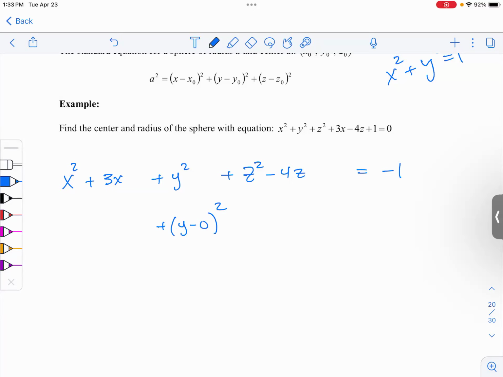So ignoring everything else that's going on, just looking at x squared plus 3x, in order to get it into this form, x minus number squared, how do I adjust that to this? Does anything spring to mind?